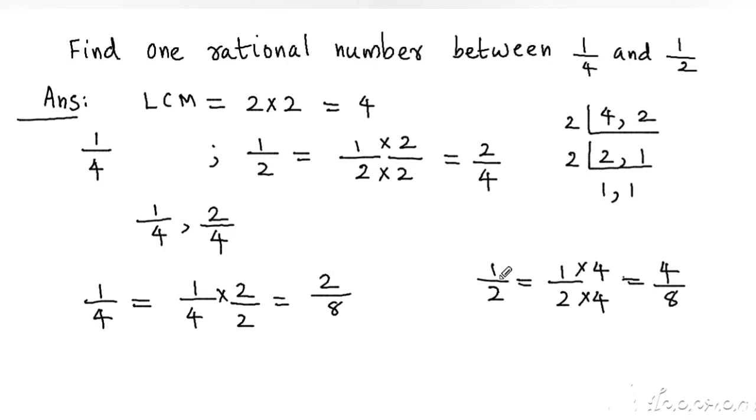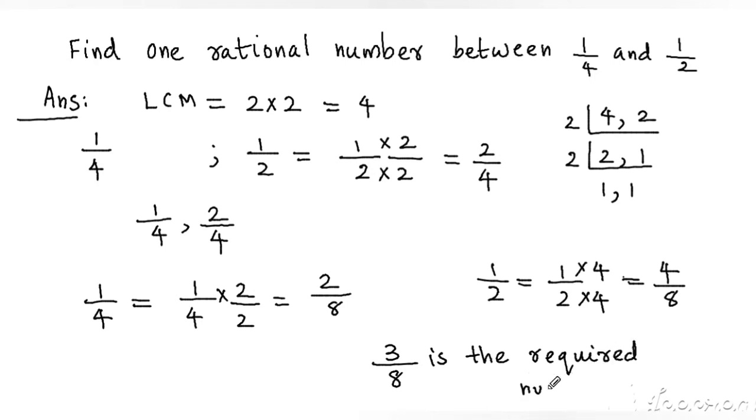So here you can see 2 by 8 and 4 by 8. We can see the rational number 3 by 8 lies in between these two. Any common multiple of 4 and 2 we can take to find the rational numbers. In this case 3 by 8 is the required rational number.